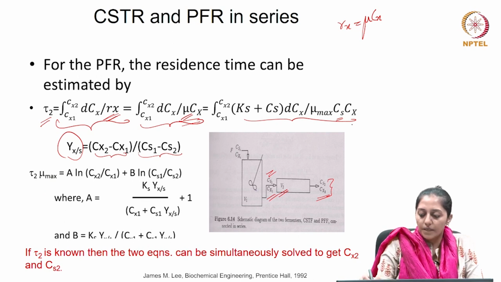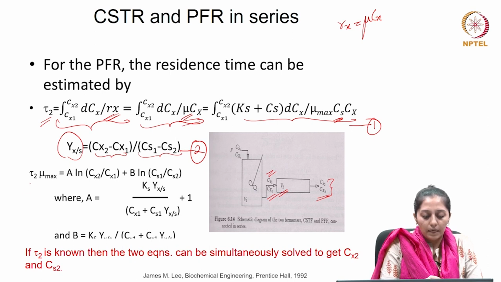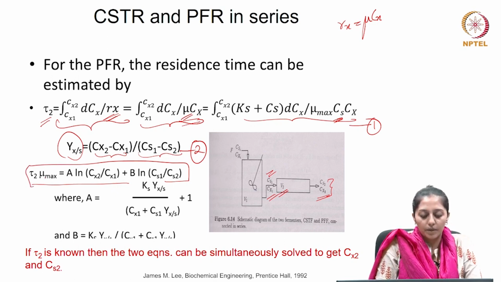So, using equations 1 and 2, equation 2 has been used to substitute CS in terms of CX, and then equation 1 can be integrated and solved, which will lead again to the batch design equation, which will take the form given in equation 3.